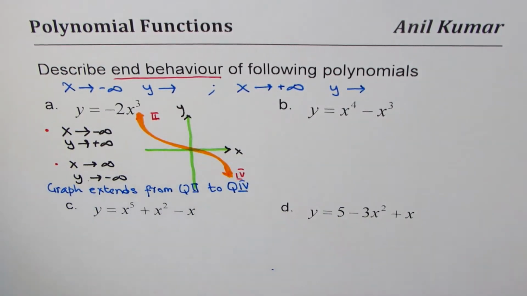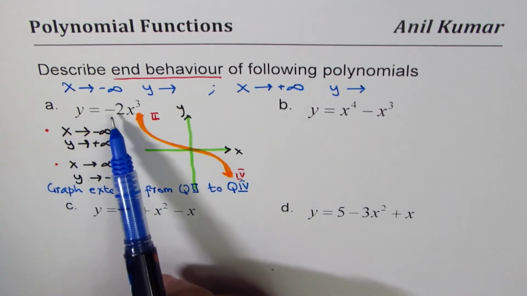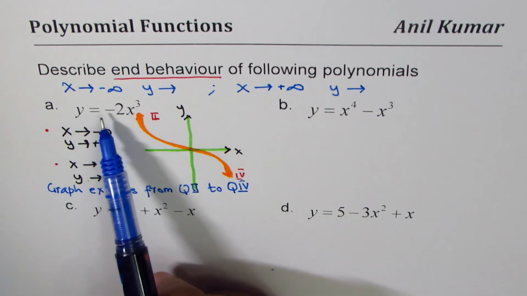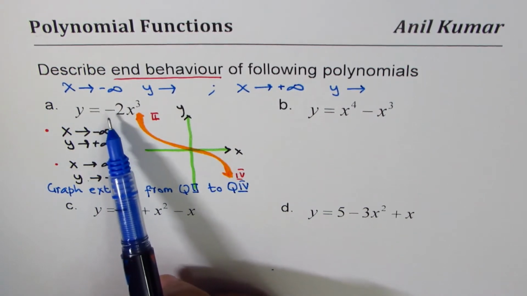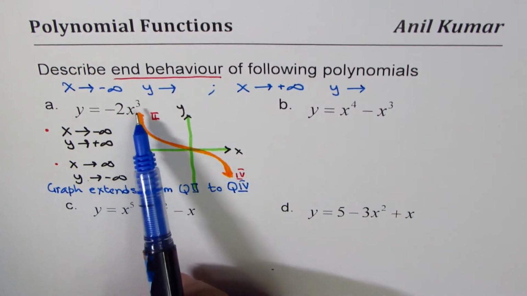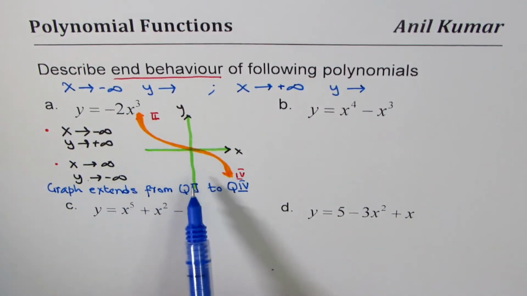So that's another way of describing the end behavior. So you got the concept. To describe end behavior for all these functions, you have to check leading coefficient and the degree. If the leading coefficient is negative, as it is in this case, the right side is down for the graph, and odd degree means opposite ends.